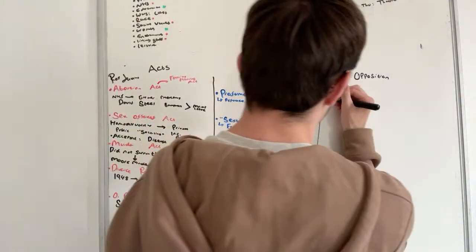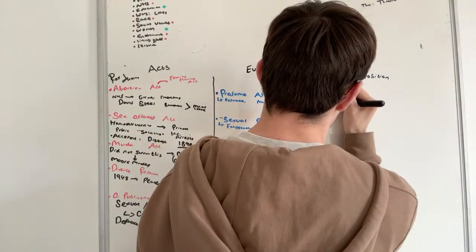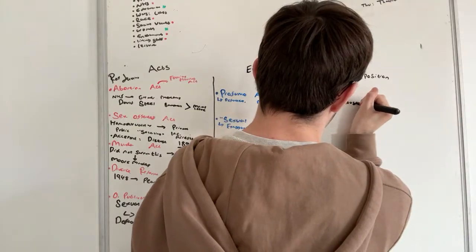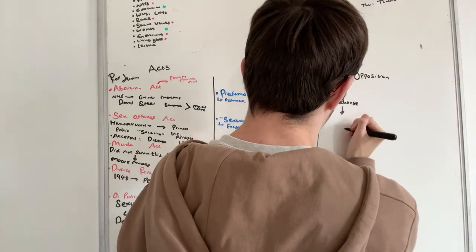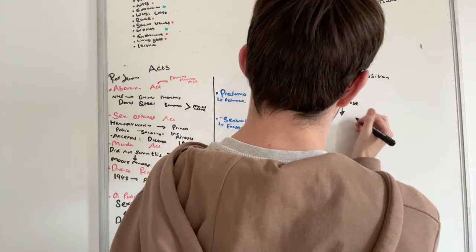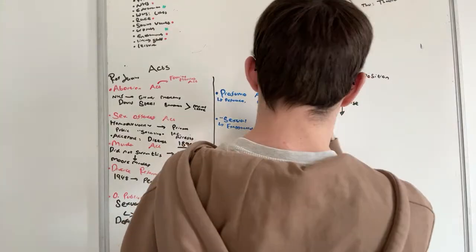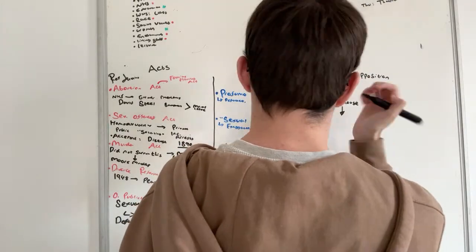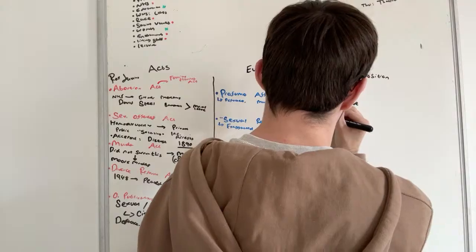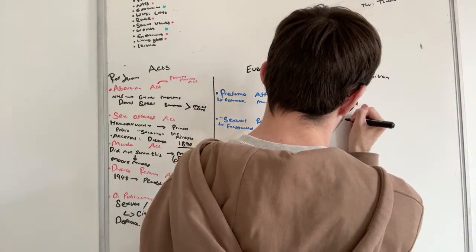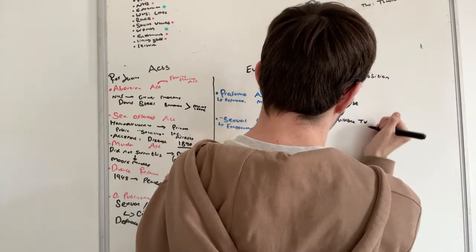In terms of opposition, you have Whitehouse. Mary Whitehouse strongly opposed the liberal society. She's the woman that I remember because of Family Guy, where she opposed sex and violence on TV.